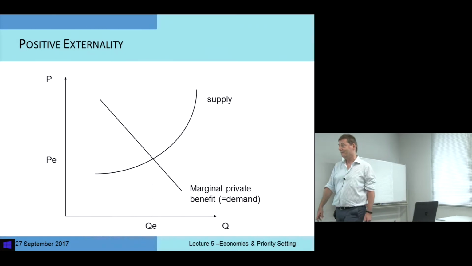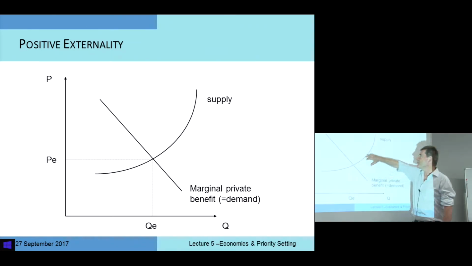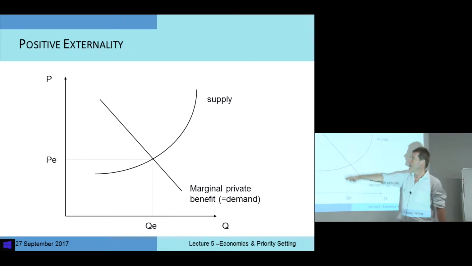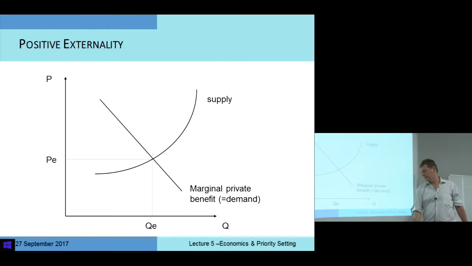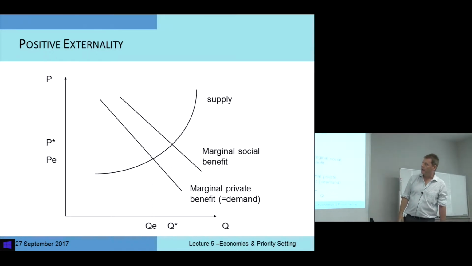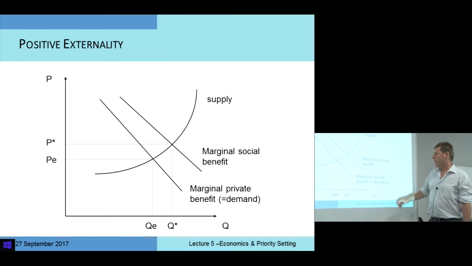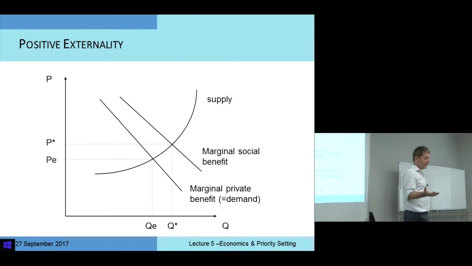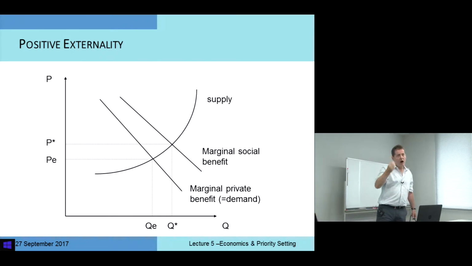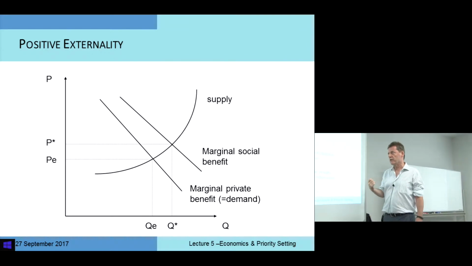I can give you another graph. Positive externality, again: higher price, greater quantity supplied; lower price, greater quantity demanded. Imagine an individual thinking about, suppose the Q here is vaccinations.